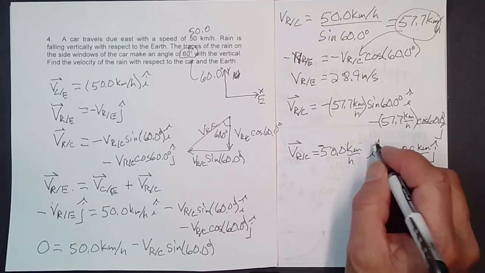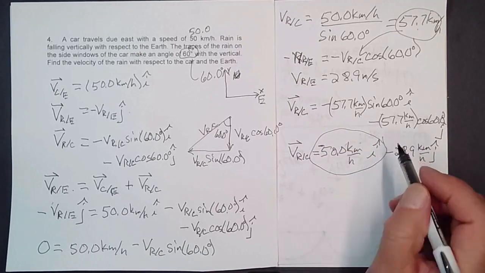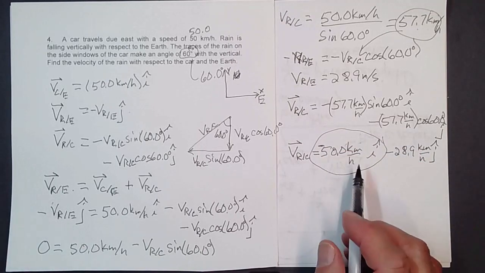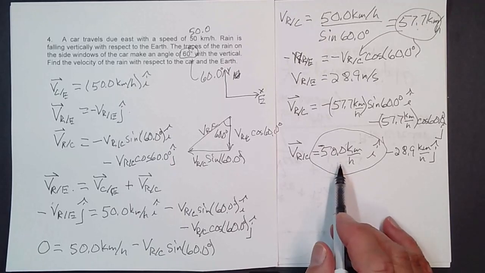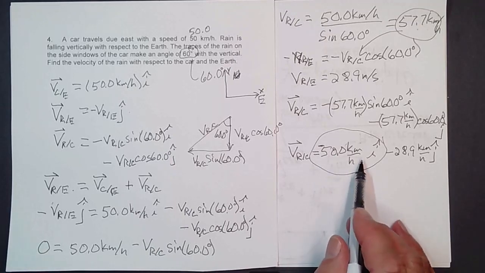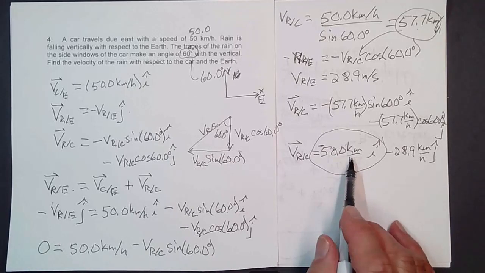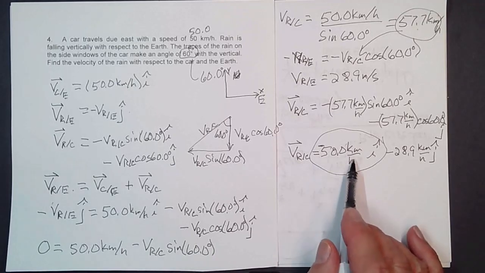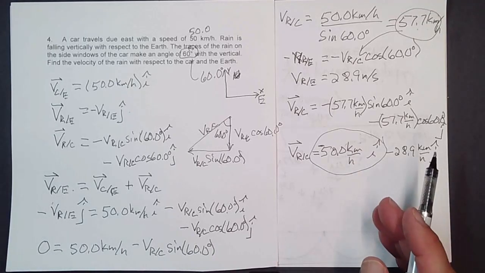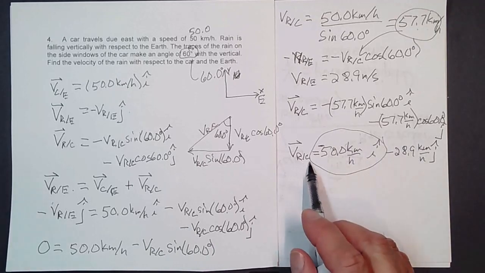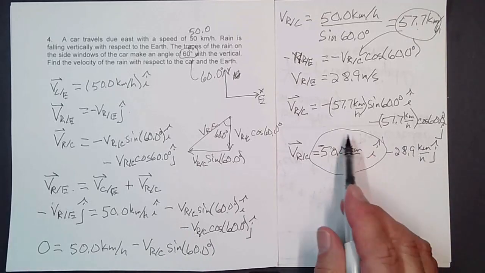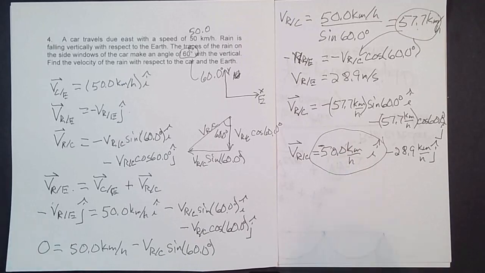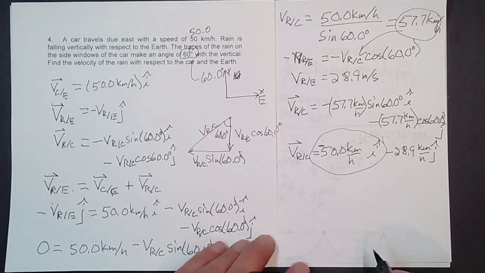It's not surprising here, we actually could have figured this out intuitively, that the velocity of the rain with respect to the car in the i-hat direction would be just the speed of the car, but in the opposite direction, because that horizontal motion that you experience in the car is entirely due to the speed of the car, because the rain is falling straight down.